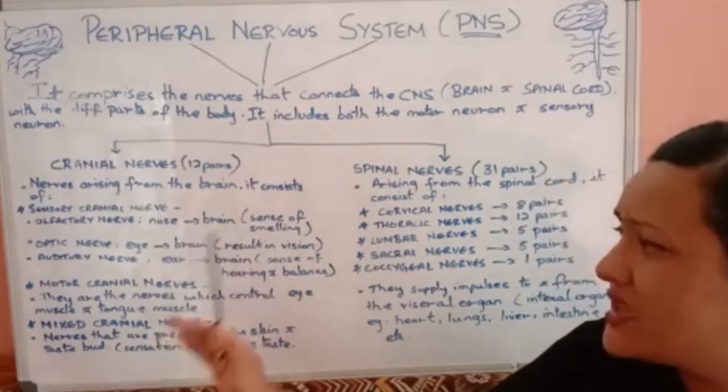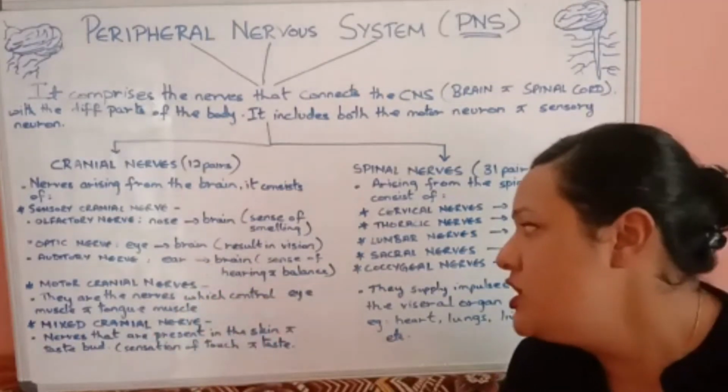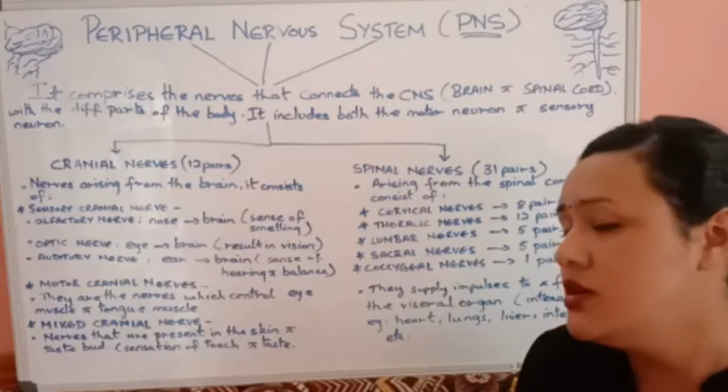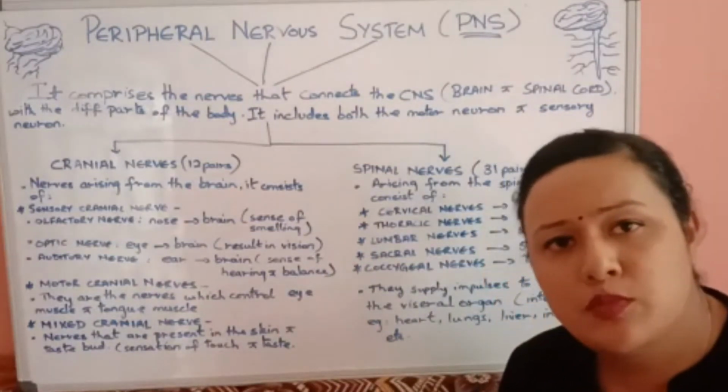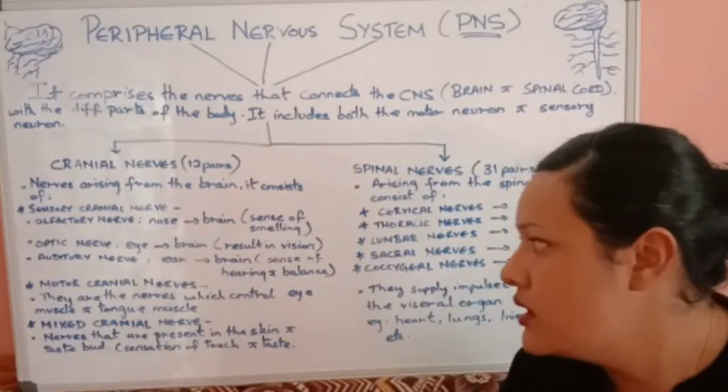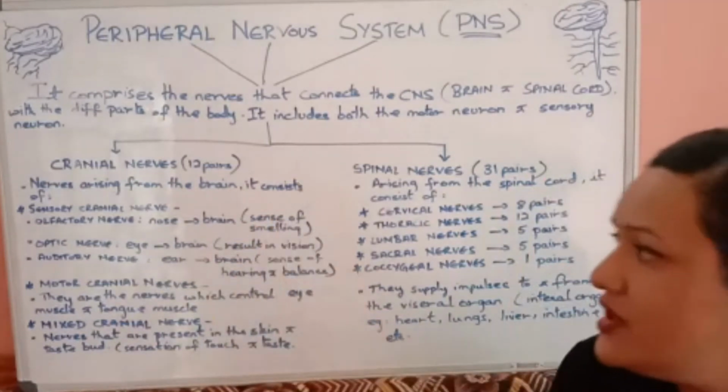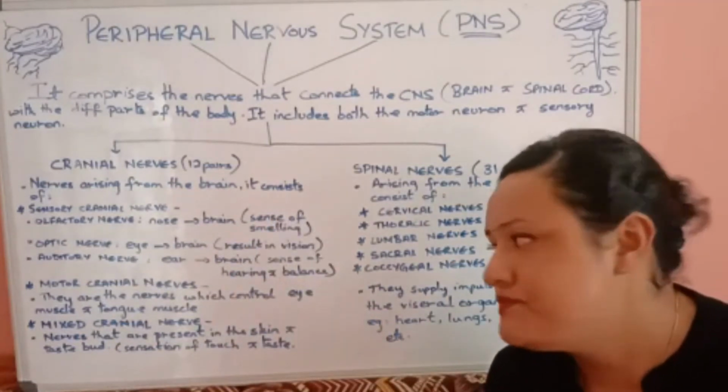These nerves are responsible for body balance and also for hearing. These make up the sensory cranial nerves.